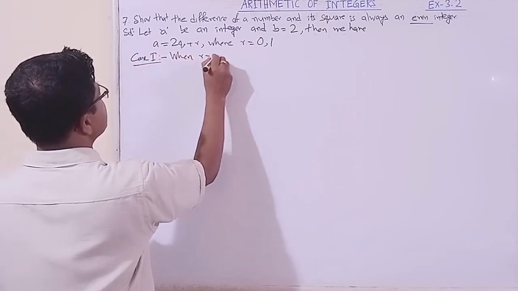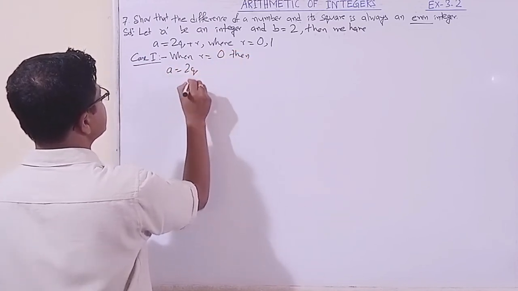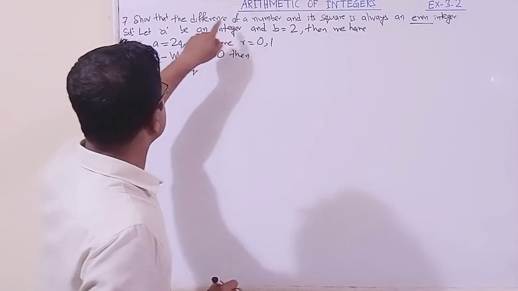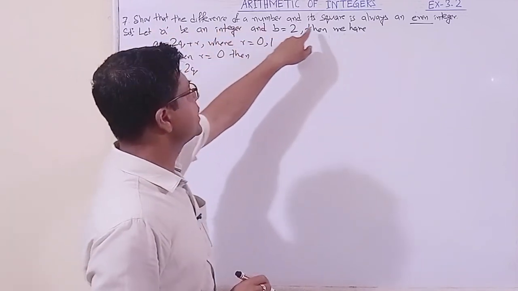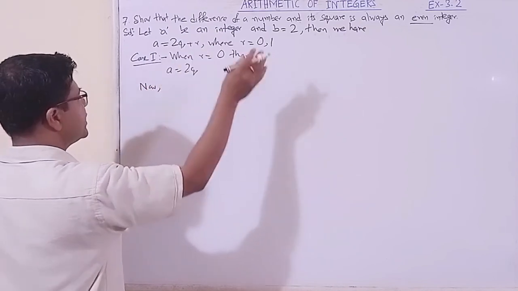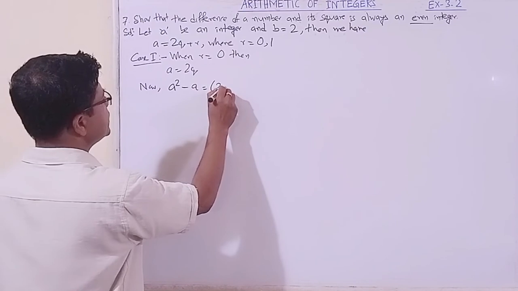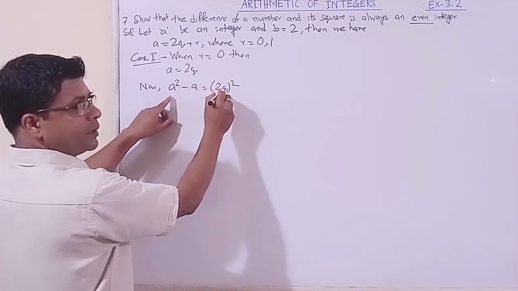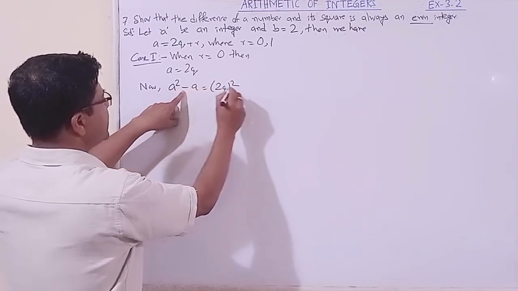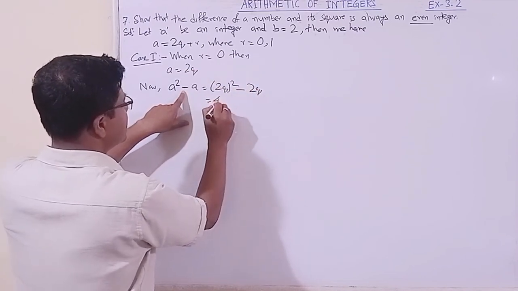When r is equal to 0, then what is a? a is twice q. Okay, now what we have to show is that the difference of a number and its square is even. So now let us take the bigger one first: the square is bigger, so a square minus a, that is, 2q square minus a. What is a here? 2q. Let us simplify.